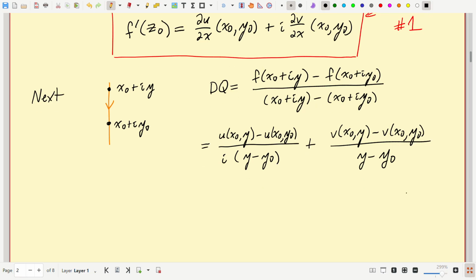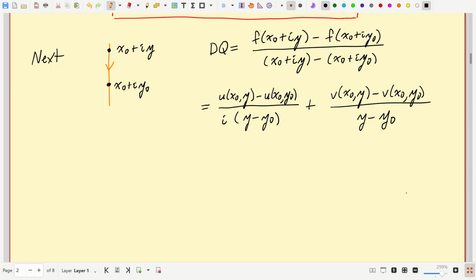And now as I slide in and let the limits go, I'll use the fact that this is a real thing. It's going to tend to dv dy at x naught y naught. That's the real part of that thing.